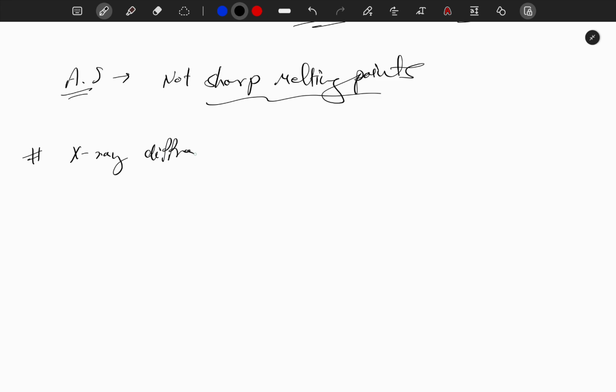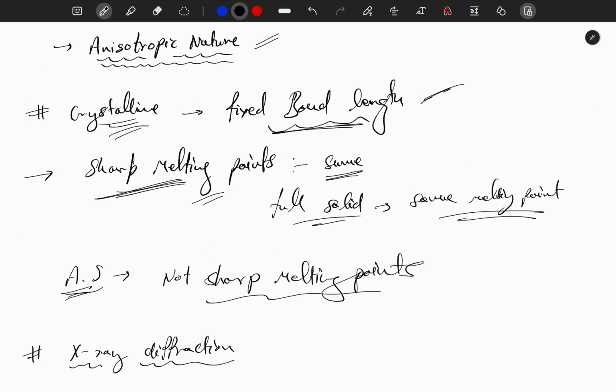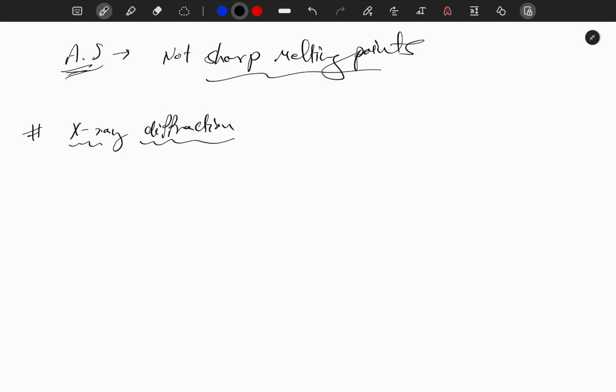We place a solid, amorphous or crystalline, as a grating, and we see the diffraction pattern, using X-rays for these studies. In the case of crystalline materials we get particular and limited peaks.